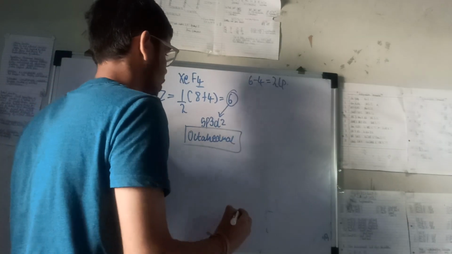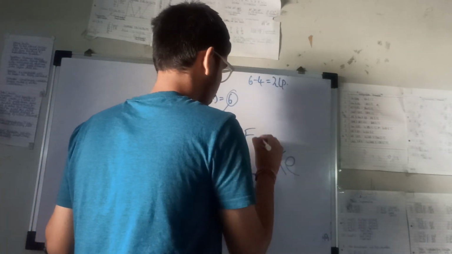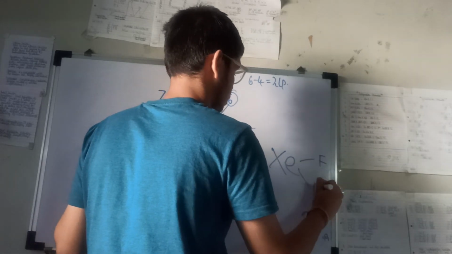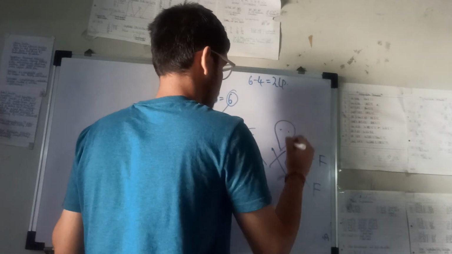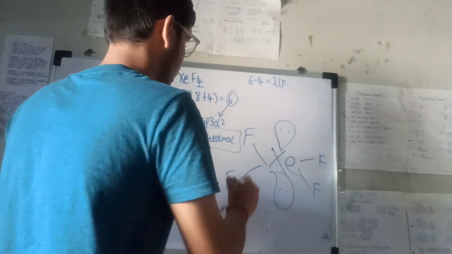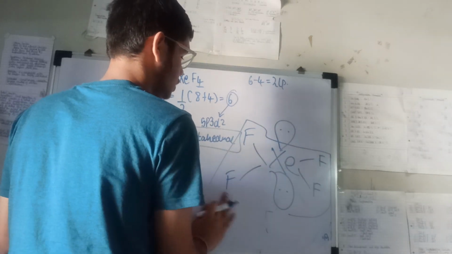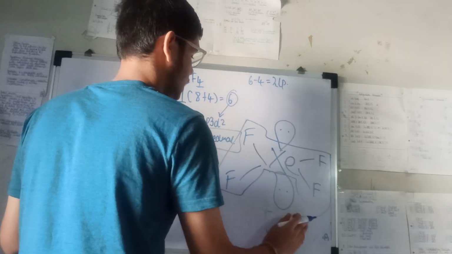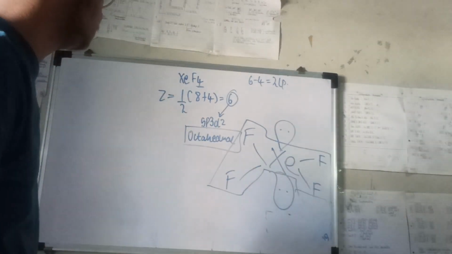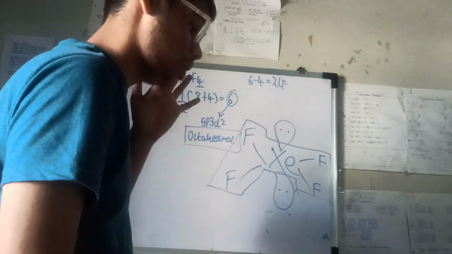So let's draw the structure. XeF4 I am drawing here. This you can see is square planar. This is in the plane of a square. The F atoms are in a plane. Square planar shape, but geometry is octahedral.